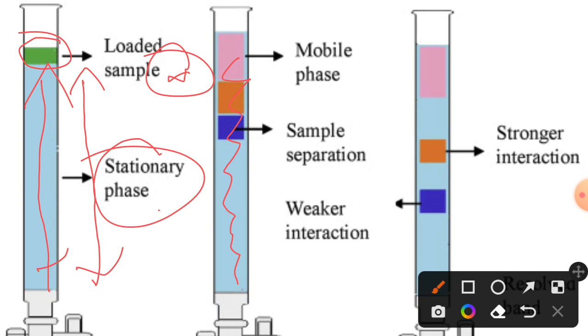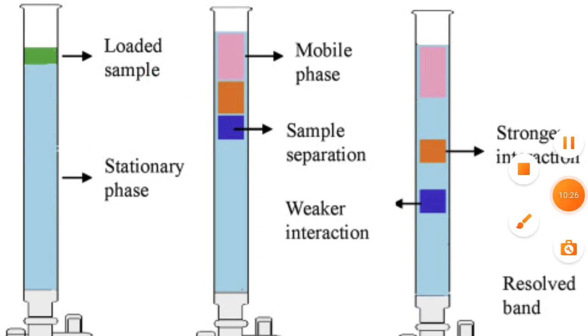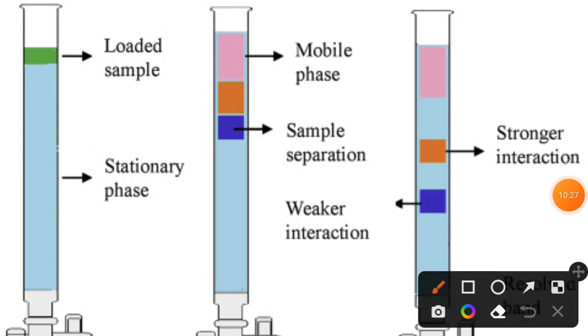Another important thing I want to mention is that the first thing we want to do is the removal of the unneeded material from the mixture, okay. After that there will be only our sample.